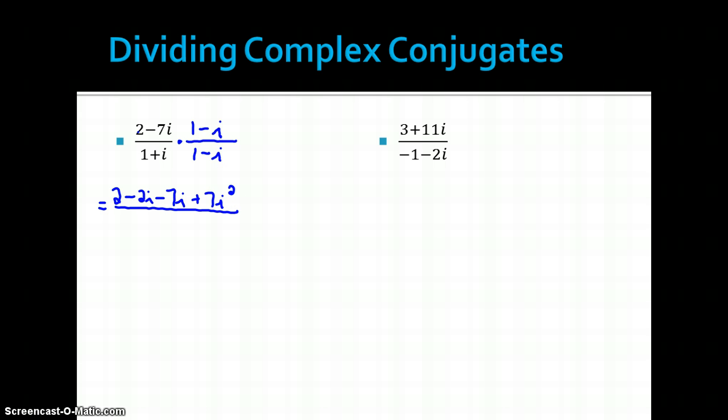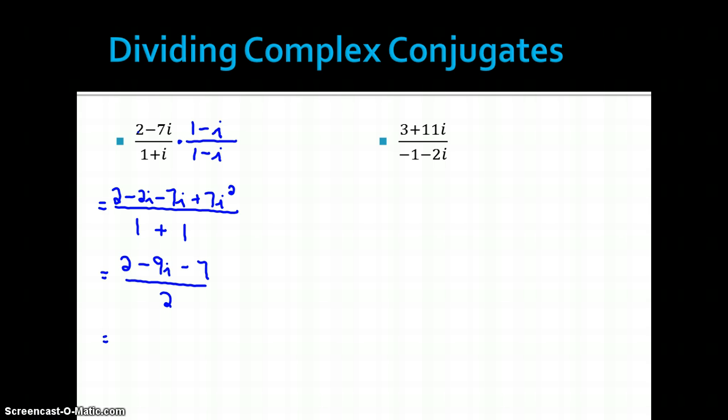Now, denominator, I'm going to show you the shortcut. Since it is a complex conjugate, we'd have 1 plus 1, because 1 squared is 1, and then 1 squared is 1. So we have that there. We simplify the numerator. We have 2 minus 9i minus 7 all over 2.